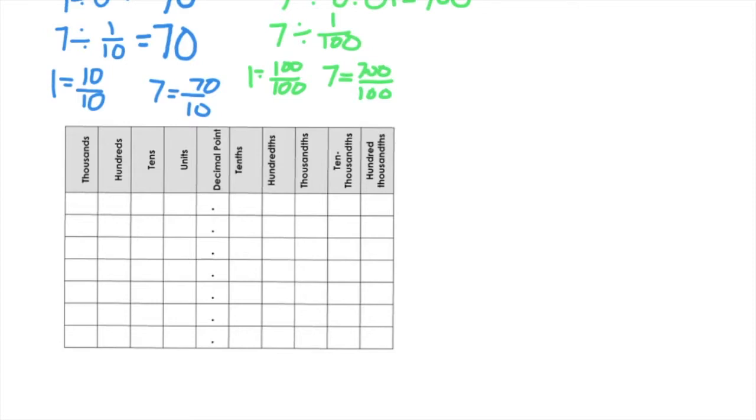Now, let's say I wanted to look at this equation up here. The whole number was 7. If I would write that in my place value chart, it would just be 7. Now, I have 7 and nothing, so I just say 7. If I add a 0 here, does it still say 7? Yep. Still says 7, doesn't matter how many zeros I add.